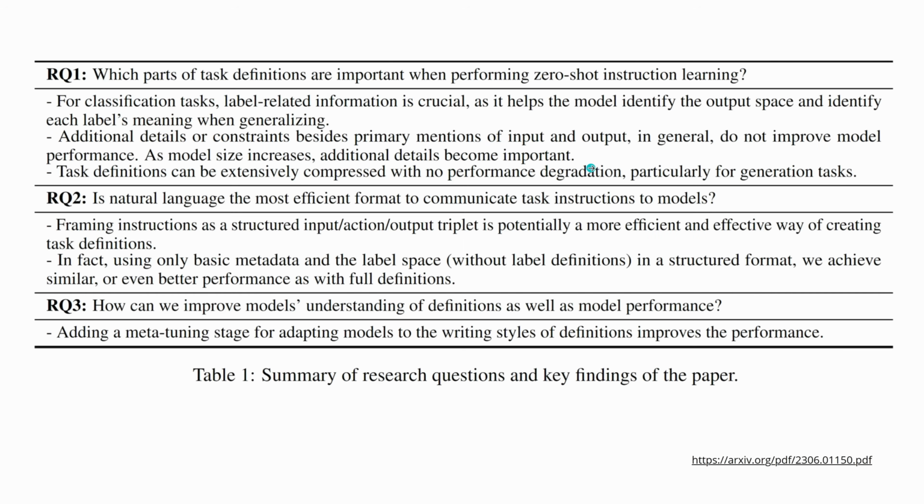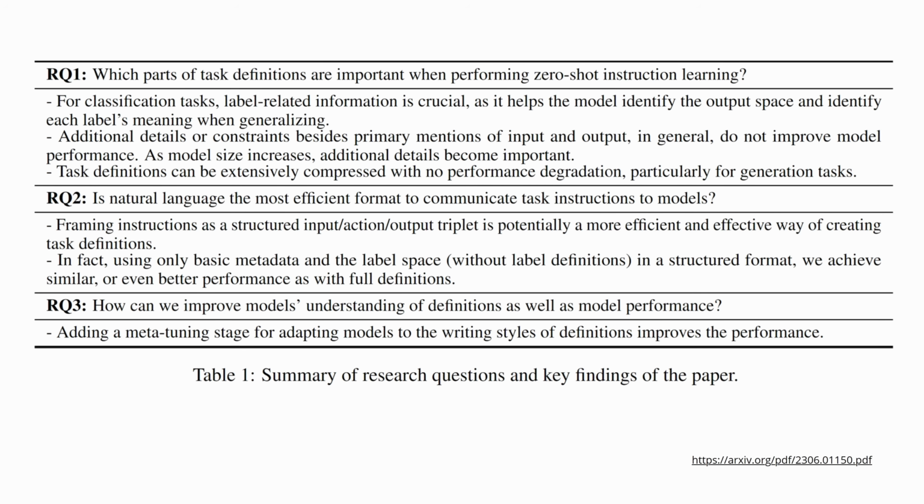And it is interesting because here they summarize their complete study in this table. Now, they say for classification tasks, when you ask GPT-4 to do a classification, A or B, the label-related information, what is A and what is B, is crucial. Well, get it. Then they say, what is the most efficient format to communicate this instruction that you want GPT to perform?